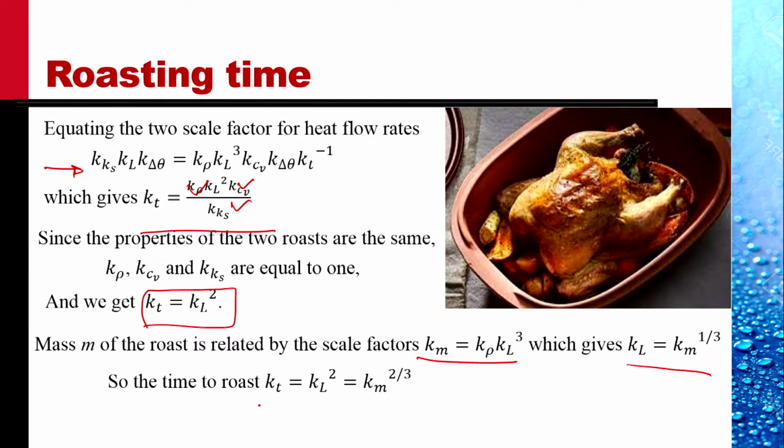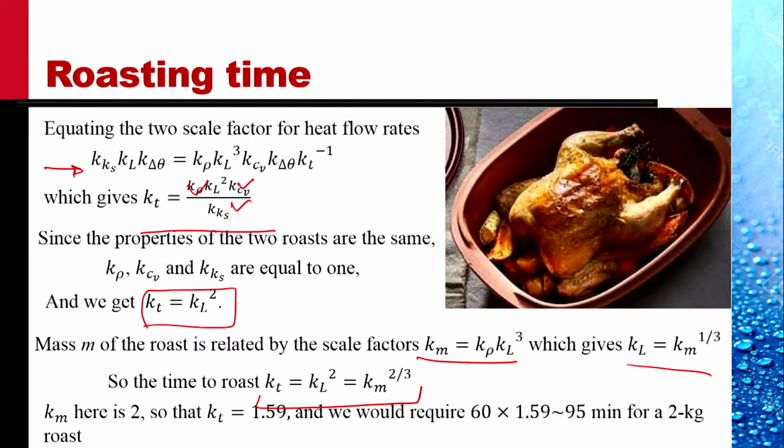So that Kt, the time to roast, should vary like Km raised to power 2 by 3. Km here is 2, from 1 kilogram which we treat as model to 2 kilogram that we treat as prototype. So Km is 2, so that Kt is 1.59, and this implies that we would require 95 minutes instead of 60 minutes to cook twice the mass of the roast. 1.6 times about. Very interesting.